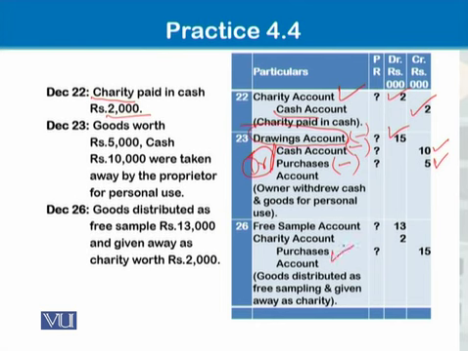So here there is a reduction in purchased goods because of free sample and charity. So free sample and charity would be debited, being expense. This is expense, and we know expense is debit and an increase in expense should be debited. And purchases is expense and there is reduction in purchases, therefore it should be credited.